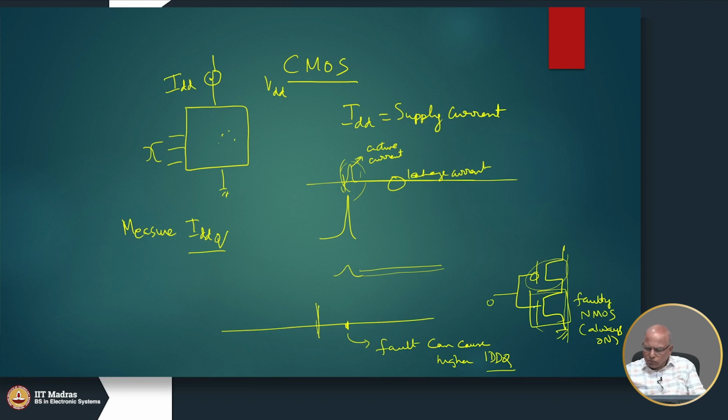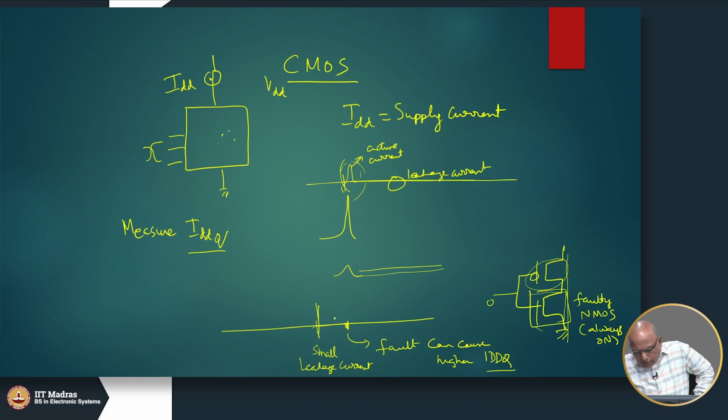So the current that will flow depends on that resistance. So this is the estimated value. It should be a small leakage current that flows when there is no fault, but with a fault, it will jump like this. Because of this, we can detect that there is a fault.